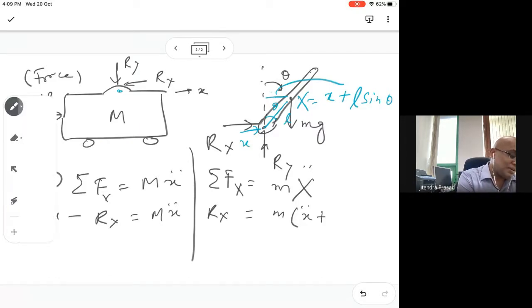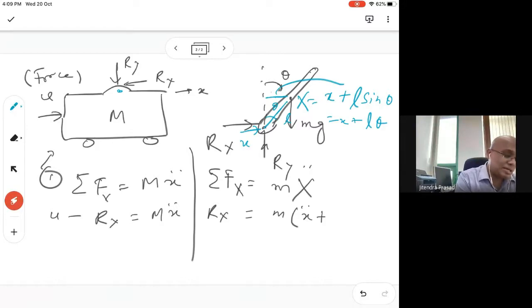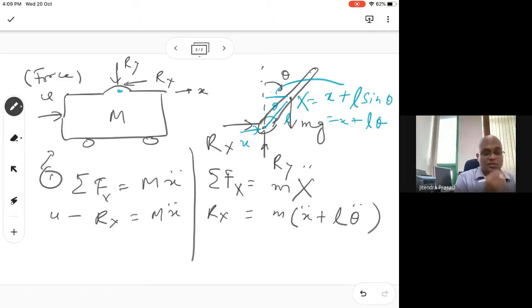So we can also write this equal to x plus L theta. Hence you get x double dot plus L theta double dot. So you get Rx equal to this.